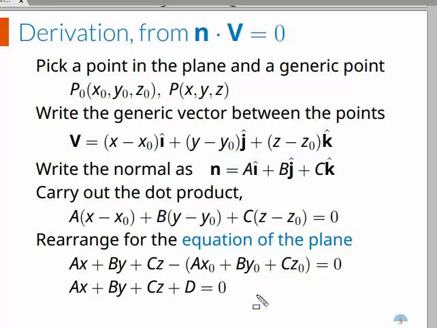The other way to write it is to put the d on the other side and write ax plus by plus cz is equal to d. Basically, it's the same thing with a sign difference. So the difference between this d and that d is sign. Thomas writes it this way, and Stewart writes it this way, I think. So different authors write things in different ways. You just have to be careful when you look at that equation.